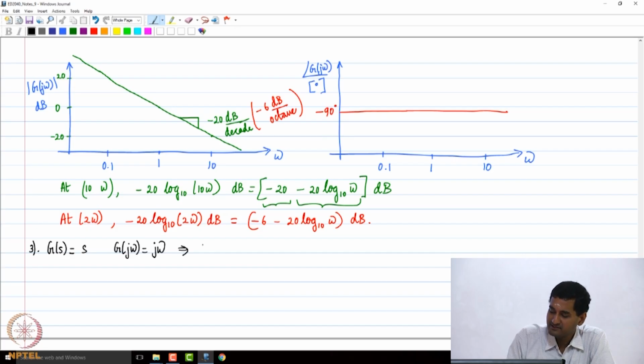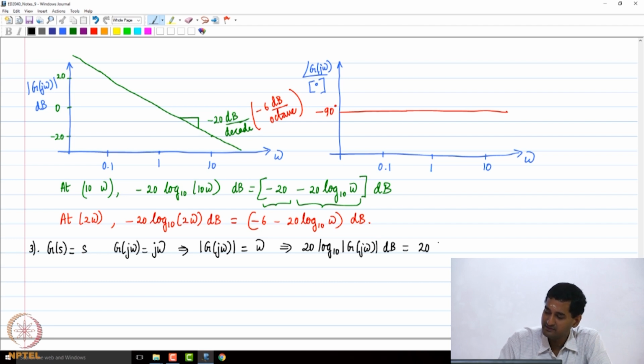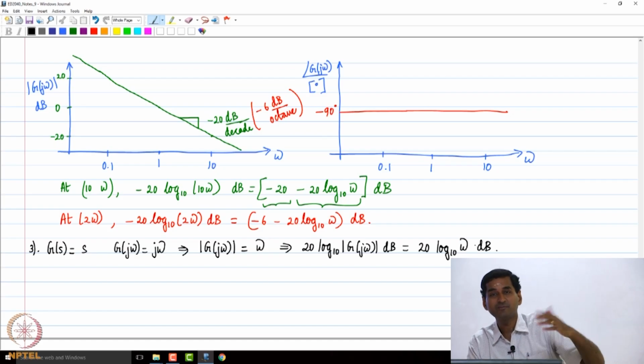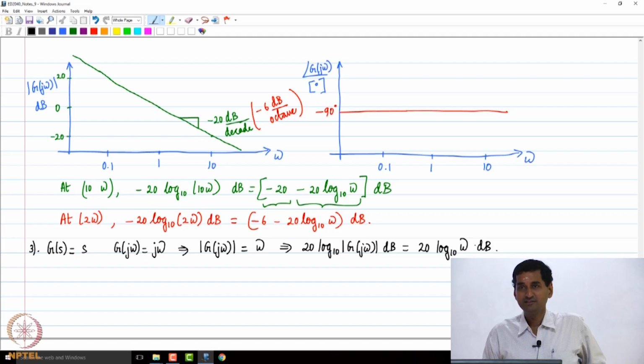So this implies that the magnitude of g of j omega is going to be just omega, right? So this implies that 20 log to the base 10 magnitude of g of j omega in decibels is going to be equal to 20 log to the base 10 omega in decibels. So previously we had minus 20 log to the base 10 omega, now we are having plus 20 log to the base 10 omega, right?